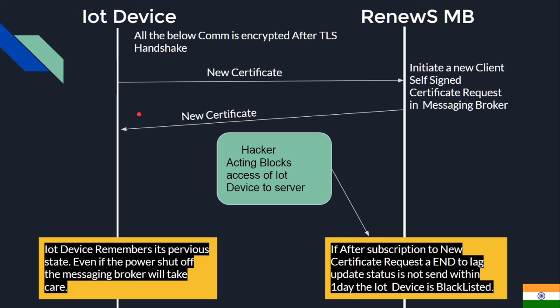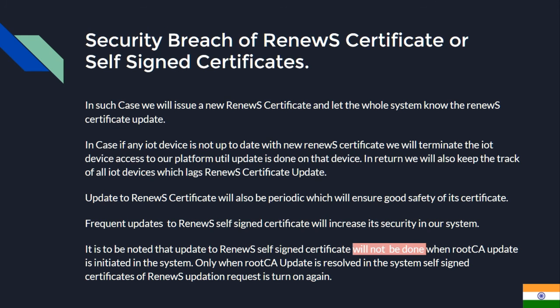So what we'll do, we will completely blacklist this IoT device, because there may be some hacker standing over here that is blocking this certificate to this IoT device. So this is how the blacklist mechanism will work.